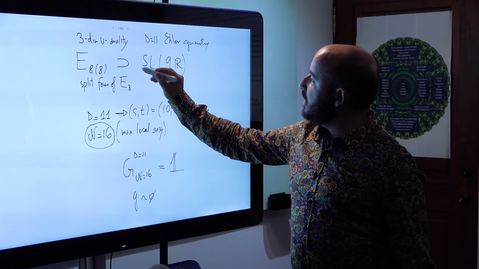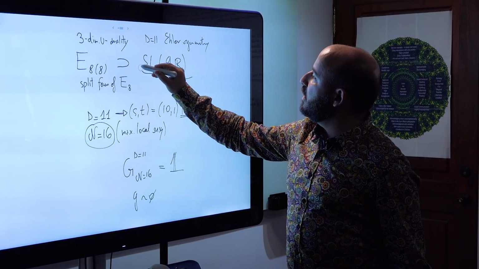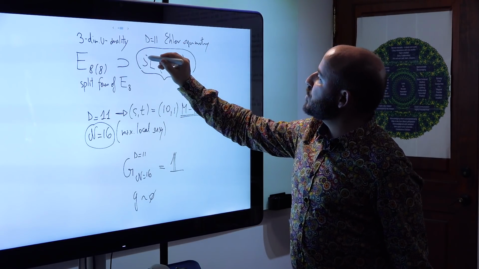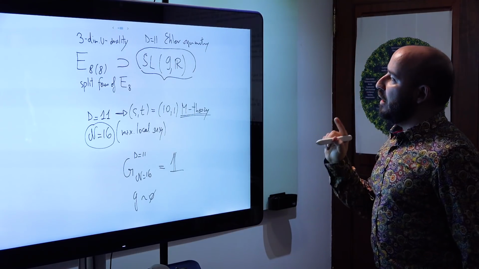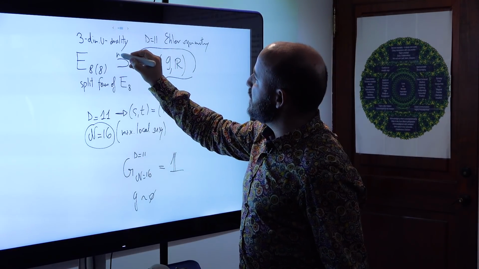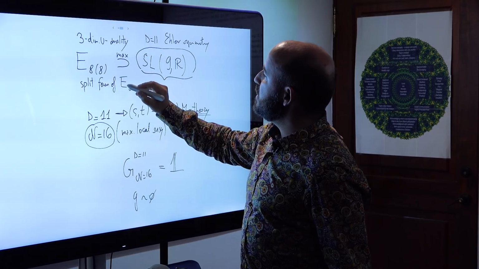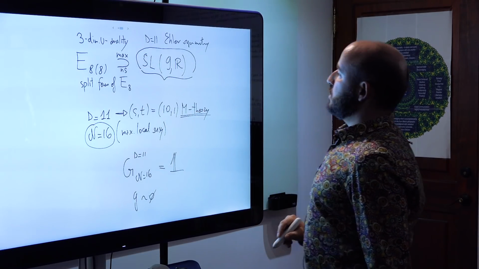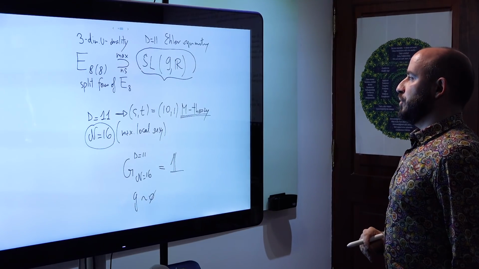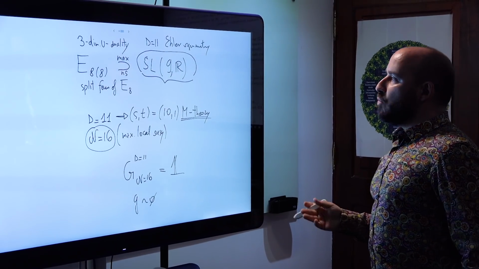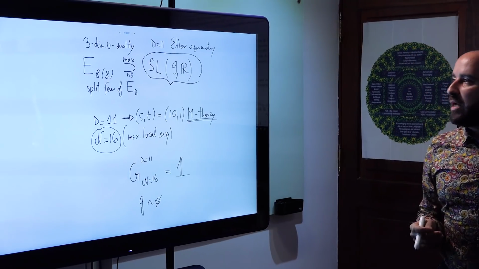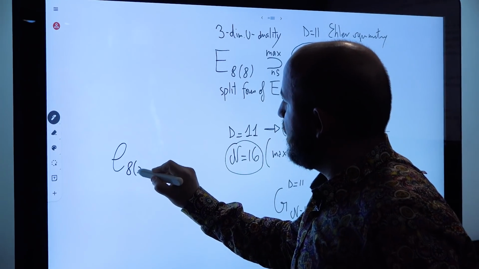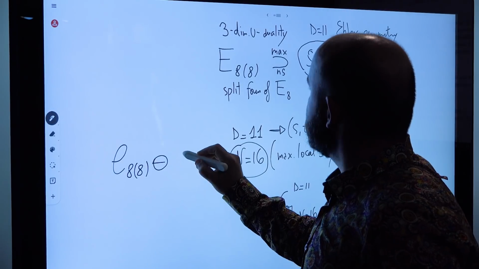And the point is that the symmetry, the Ehlers symmetry in 11 dimensions is this one. Let me point out that in this case, this is a maximal embedding and is also non-symmetric, and so has this feature. And why is this interesting? Well, because as I said, we can consider the generators of this coset.